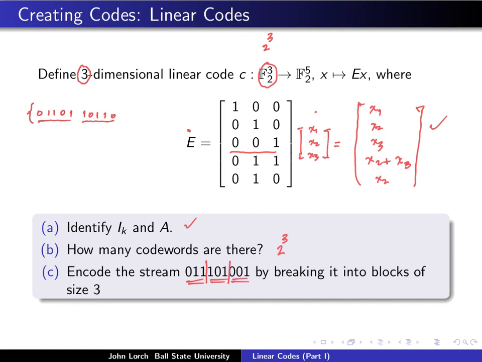And now the last part, we have 0, 0, 1. There x1 and x2 are both 0, x3 is equal to 1, and that's going to yield this code word 0, 0, 1, 1, 0. Okay, so this big long stream is the encoded version of this stream of zeros and ones, obtained by breaking it into blocks of size 3.